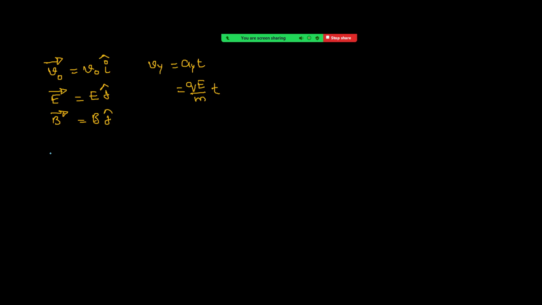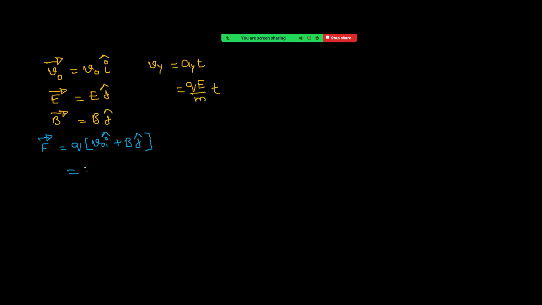So coming to magnetic force, F bar equals Q into V bar cross B bar. V bar is V not I cap, B bar is B J cap. I am writing here V not I cap plus B J cap, cross.